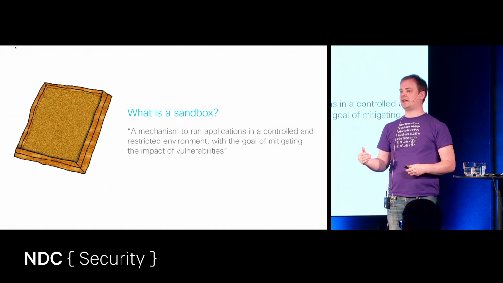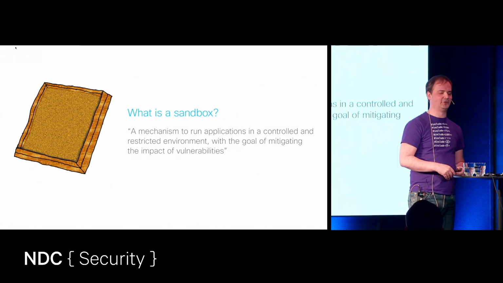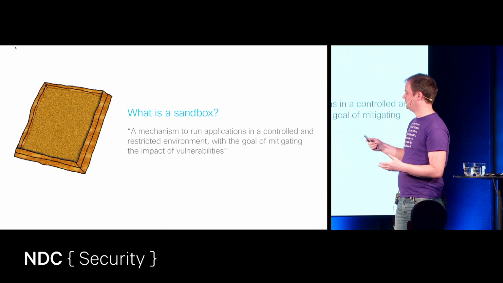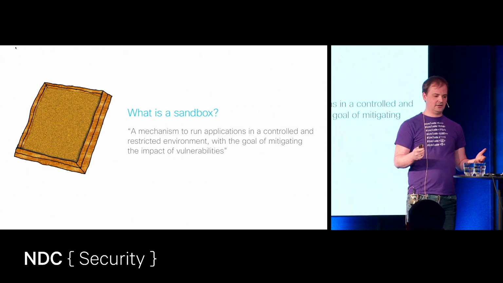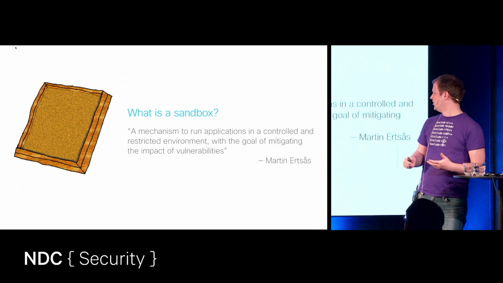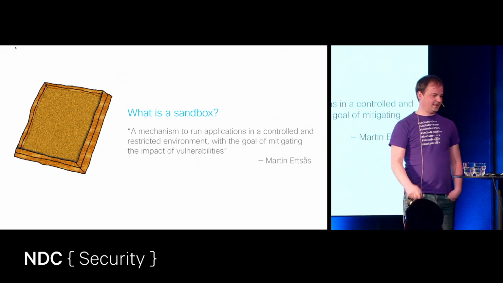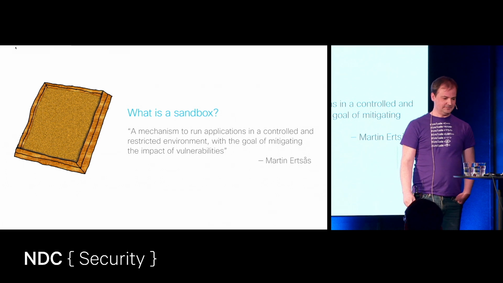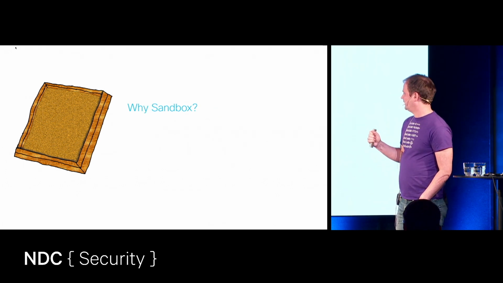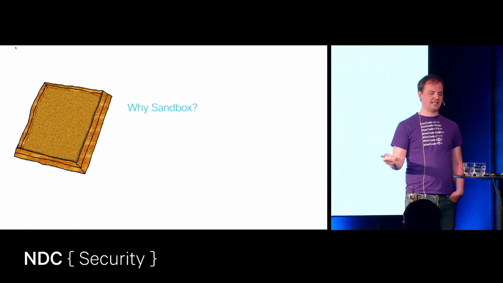So you want to limit the impact of the vulnerabilities. You can't really stop them, but you can limit them. Like I said, I Googled around. I didn't really find much, so this is my quote. But I was kind of happy-ish with it. And now we know what I mean when I say a sandbox.